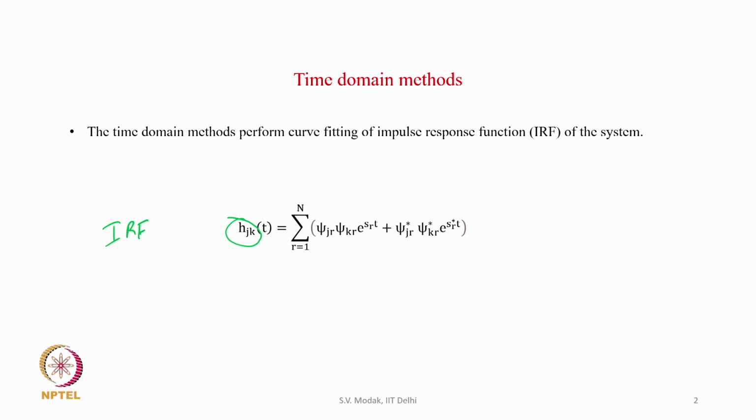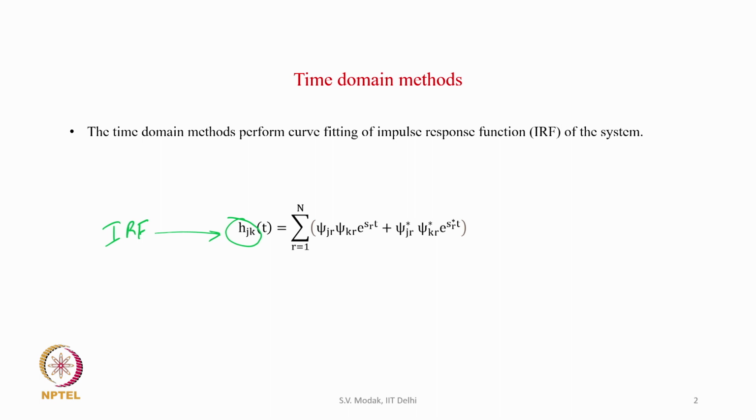It consists of contributions from n complex conjugate mode pairs. Each physical mode of a multi-degree of freedom system with non-proportional viscous damping is described by two complex conjugate modes, and therefore, if there are n physical modes, there would be 2n complex conjugate modes, that is n complex conjugate mode pairs.